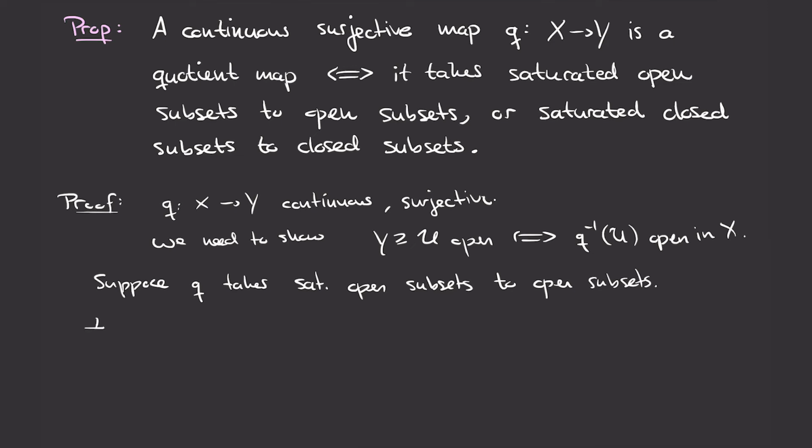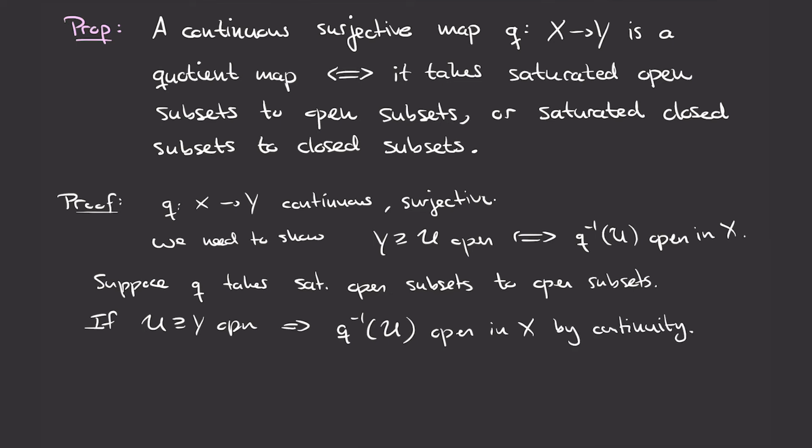Okay. Let's do the first direction of this equivalence we need to show. So if U sub Y is open, well then the preimage of U is open in X by continuity. So that takes care of one direction.